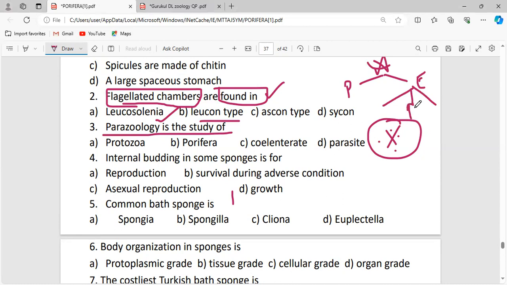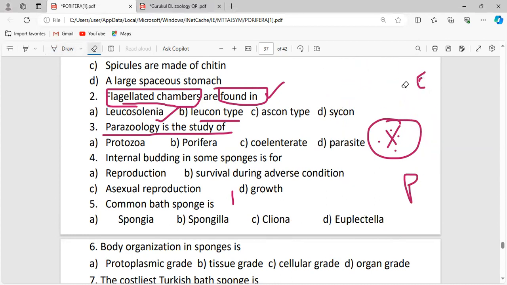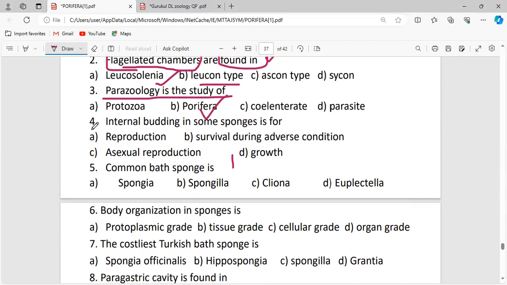One of the phyla placed in Parazoa is Porifera. If you know the general classification of the animal kingdom, you could easily answer this type of question. So don't take the general characters and classification lightly. Even if you don't know the content, you can answer the question when you know the general characters and classification. So the answer for this question is Porifera.